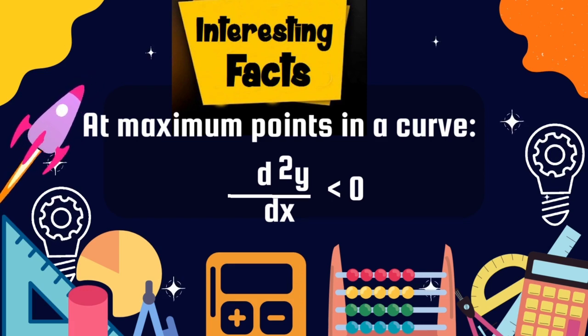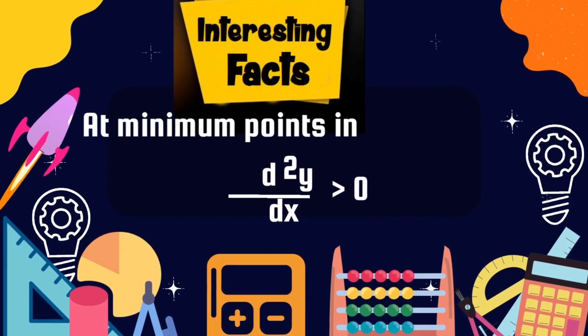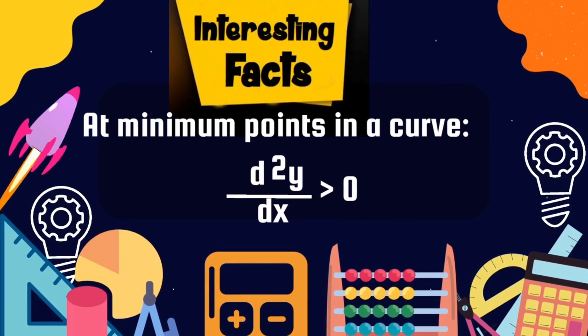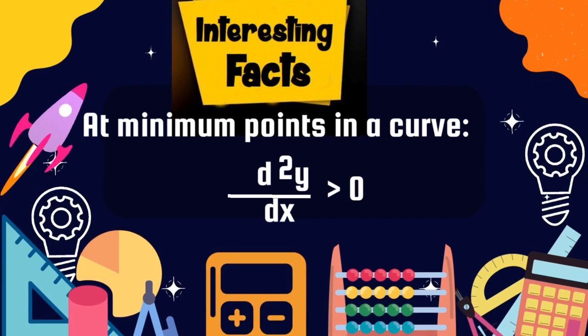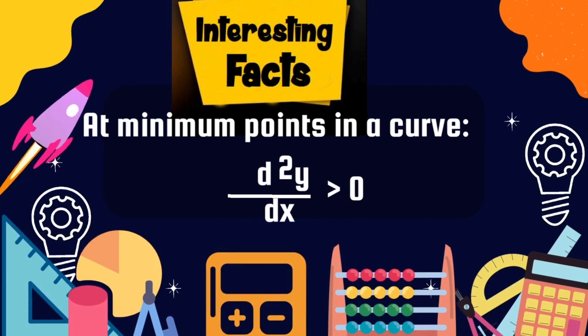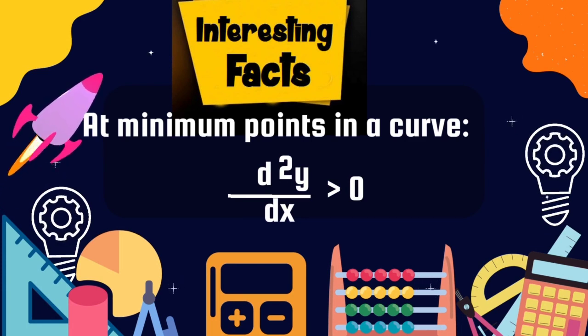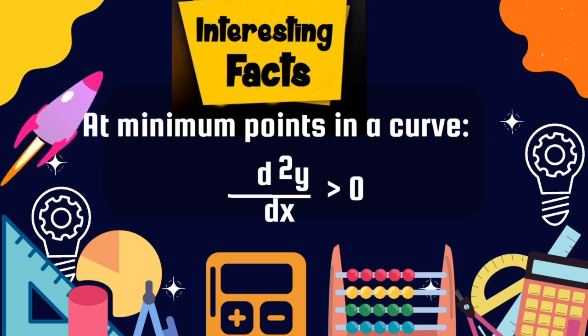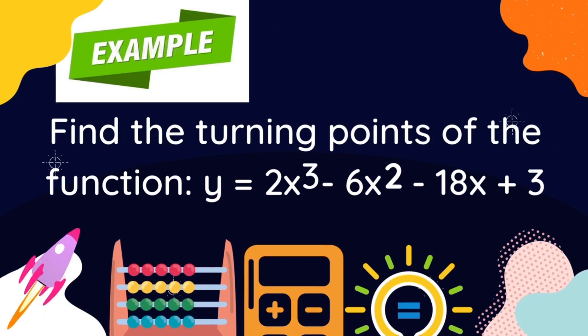And at minimum points of a curve, if you take the second derivative of the function at that point, it is always greater than 0, or positive. We are going to use this when I start teaching you calculations involving maximum and minimum points.